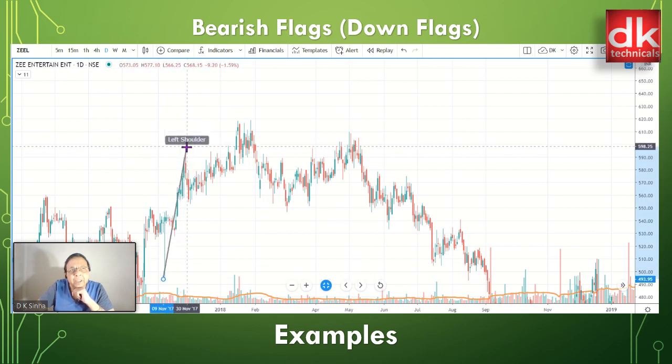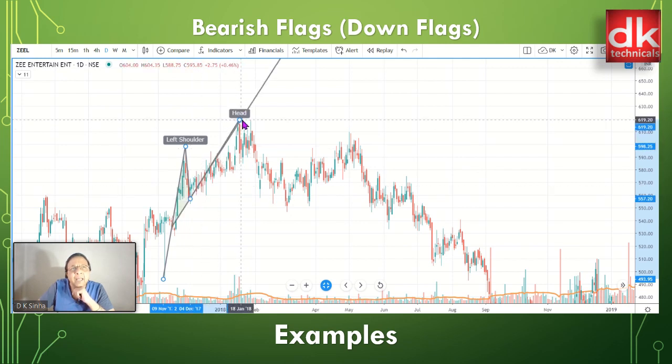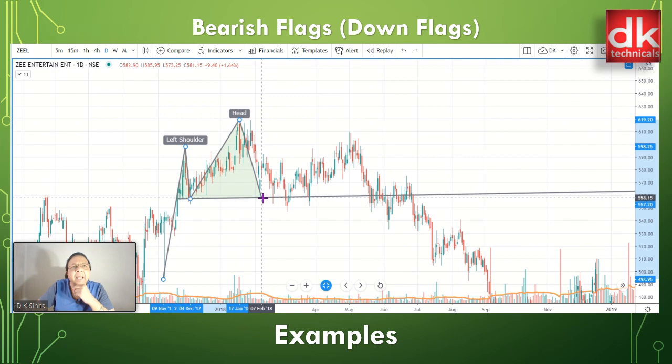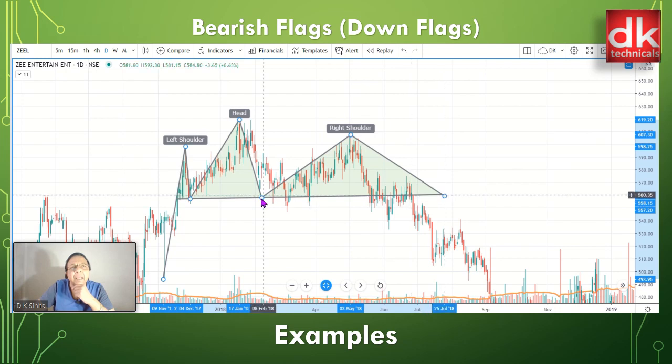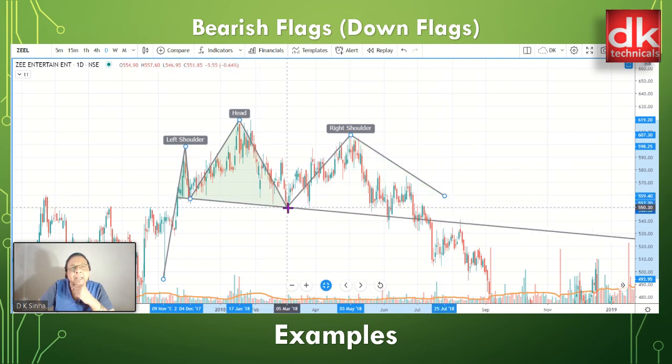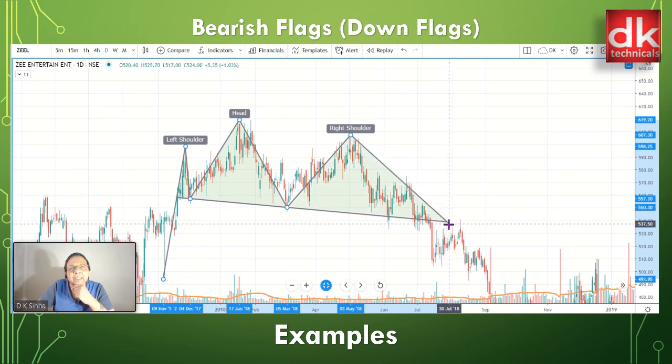It is a formation of a left shoulder, the price went down, and then formation of a head, and then the price corrected further, and then we can see the formation of, and we can make a little adjustment here, and we can see this is the formation of a bearish flag.